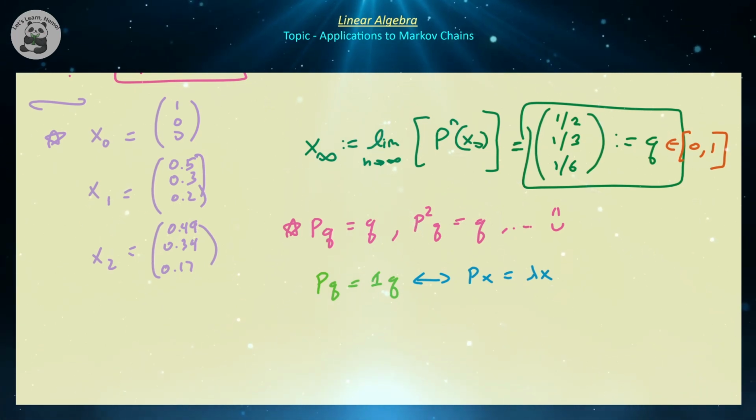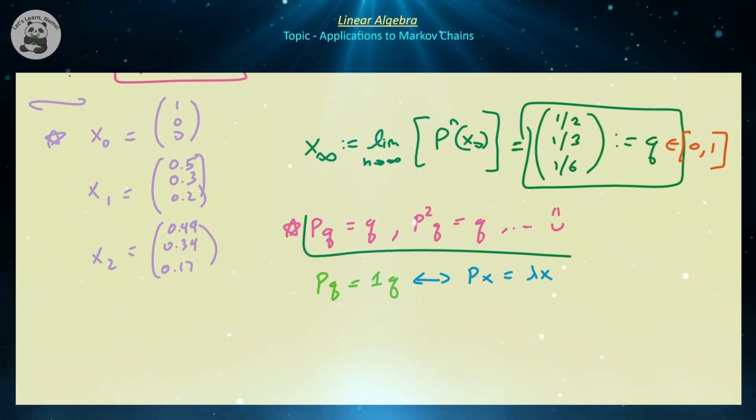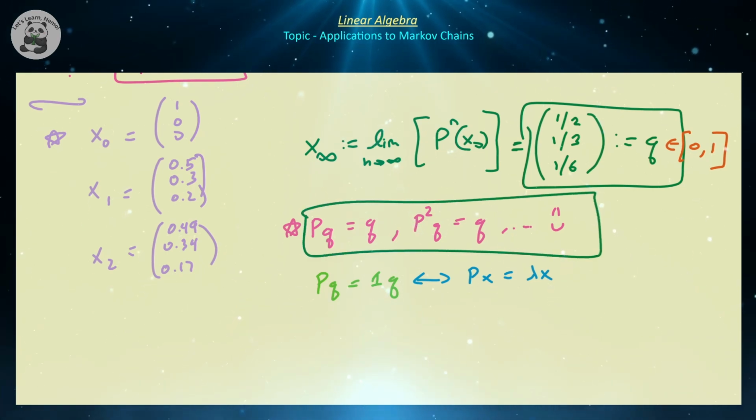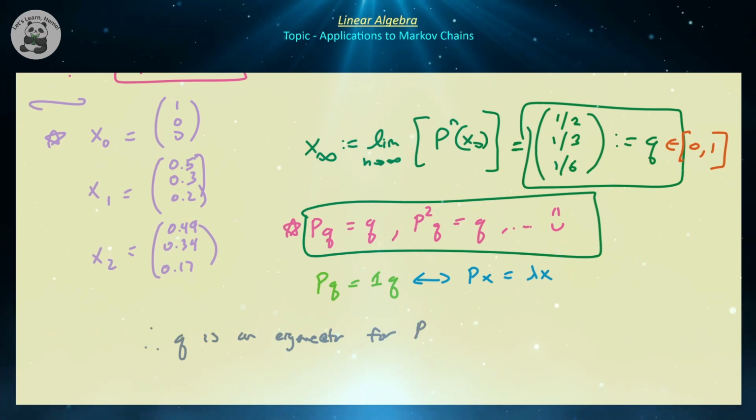Right? So we see here that this vector q, assuming that you can prove that this identity is indeed true, is an eigenvector for p, and its eigenvalue is 1.